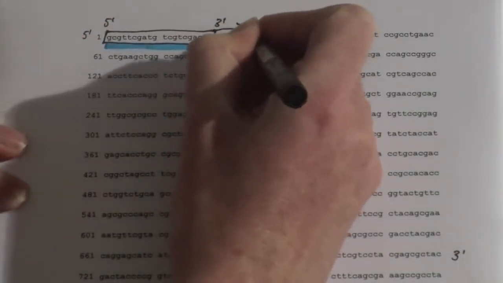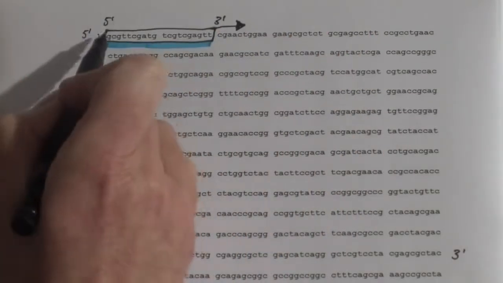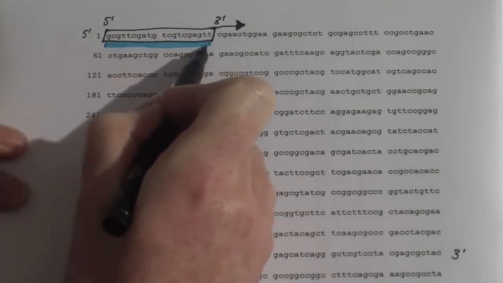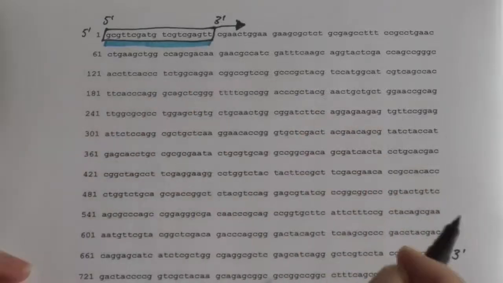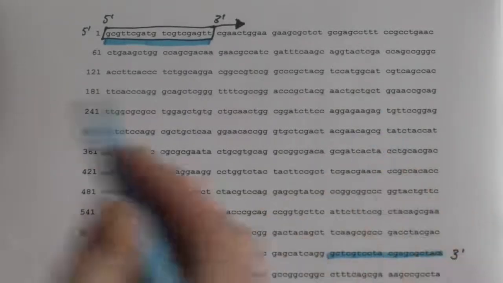This is its 5' end, and this is its 3' end, and that is going to amplify DNA in this direction, synthesize DNA in this direction. This is the primer sequence, and this blue unshown strand of DNA is its target that it will be annealing to. My reverse primer has to anneal onto the opposite strand of DNA. So for the reverse primer, I'm going to highlight the primer binding site.